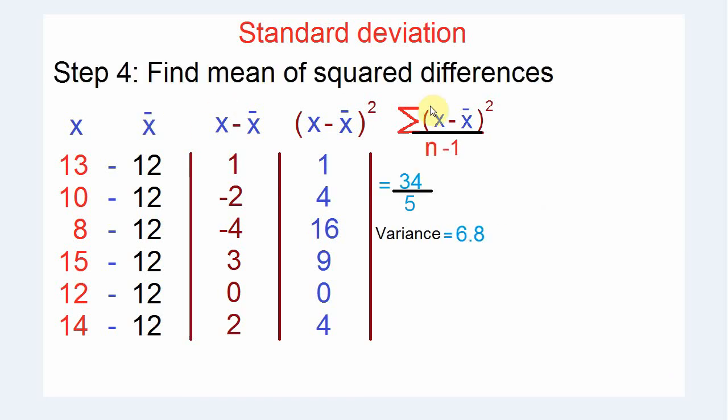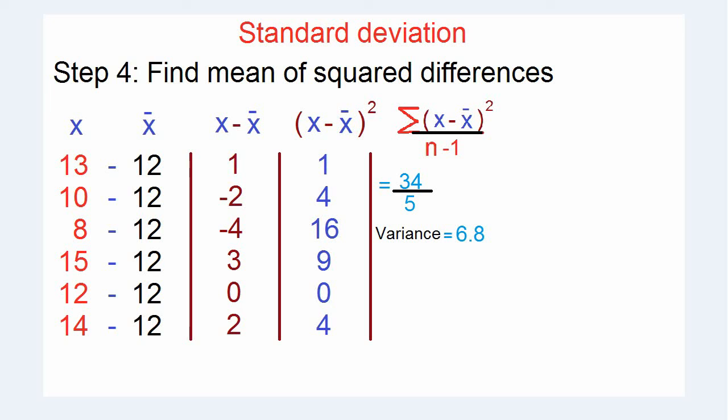In step number 4, to find variance, add all of these values, x minus x mean whole square, and instead of dividing it by n, divide it by n minus 1. So this is a little change here. N is 6 and n minus 1 becomes 5, so 34 divided by 5 comes out to be 6.8, and this is the sample variance.